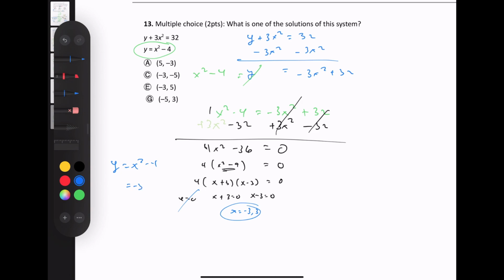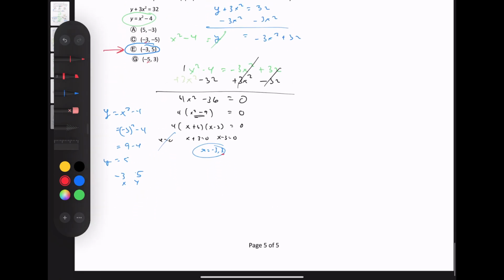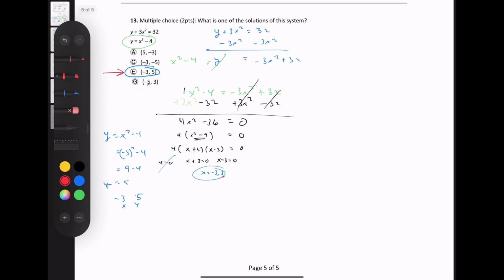If I put in negative 3, I should get 9 minus 4 is 5. So if x is negative 3, then y is equal to 5, which I have here. You'll notice that none of these has a second one of positive 3, so E is your correct answer. And those were the solutions.